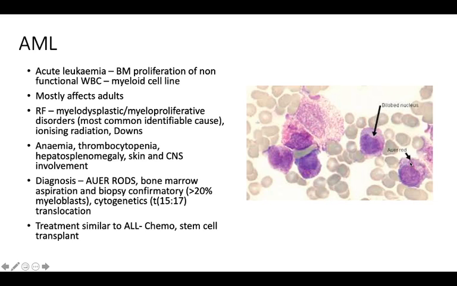So if you see an Auer rod, or if they say there is an Auer rod in an exam question, then you want to immediately think about the possibility of it being AML. And compared to ALL, in AML you get larger blasts, but also the nuclei tend to be more bilobed.